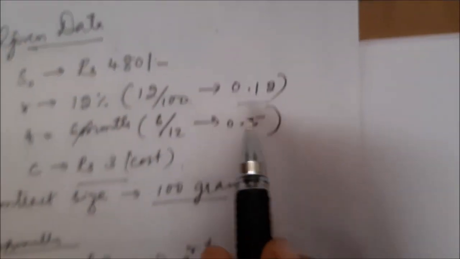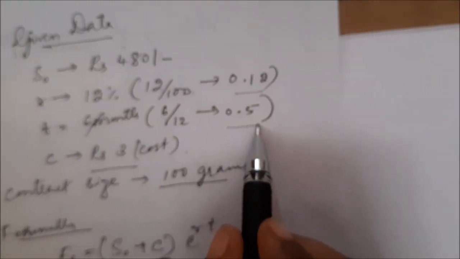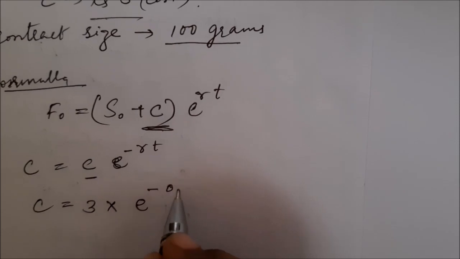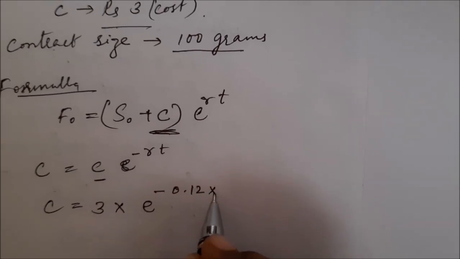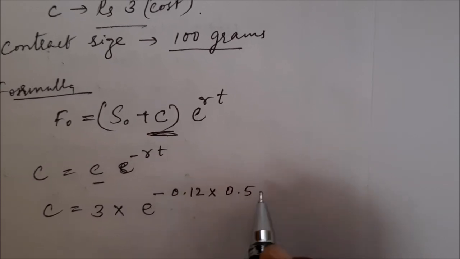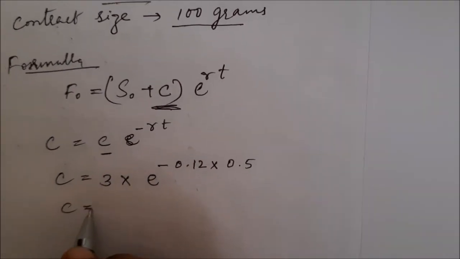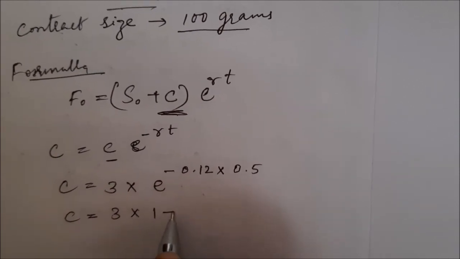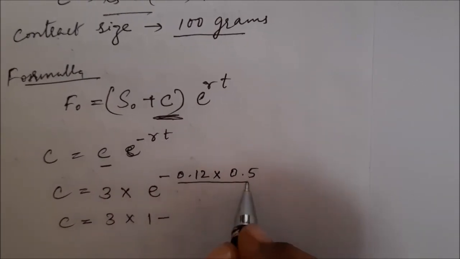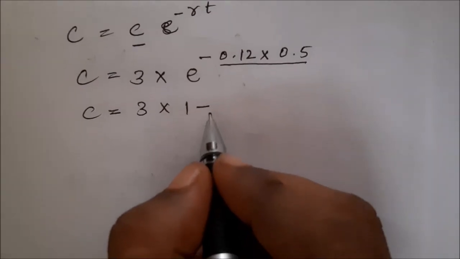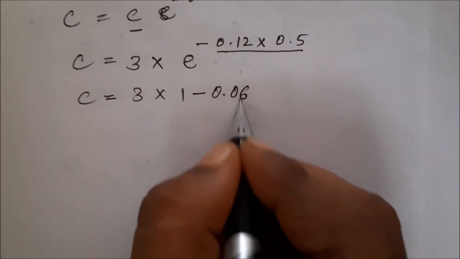E to the power minus R, which is 0.12, and T, that is 0.5. 3 into 1 minus, multiply these both, we will get 0.06.